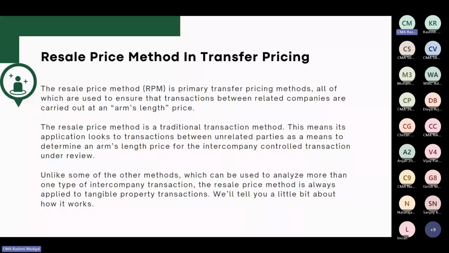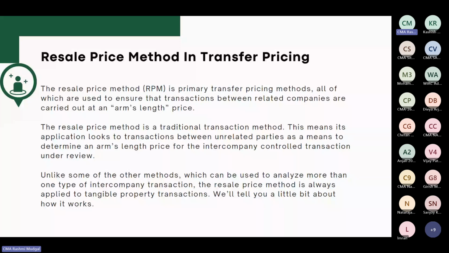This means its application looks to transactions between unrelated parties as a means to determine an arm's length price for the intercompany controlled transaction, where they actually say, buy from me at this price but sell it to this person at this price. Unlike some of the other methods, which can be used to analyze more than one type of intercompany transaction, the resale price method is always applied to tangible property transactions.